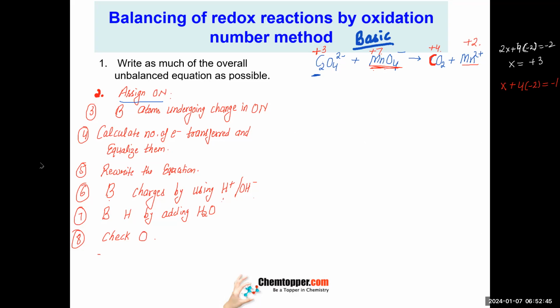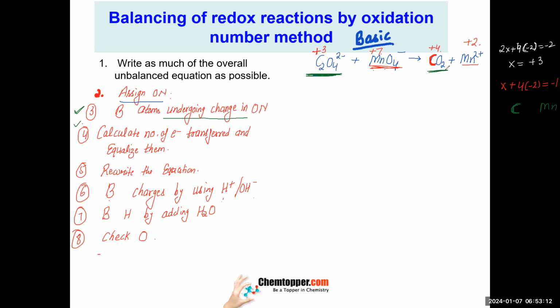Calculate number of electrons transferred. But before that, rule number 3, sorry. Rule number 3. Balance atoms undergoing change in oxidation number. So atoms which are undergoing change in oxidation number are carbon and manganese. Check. How many carbons on this side?